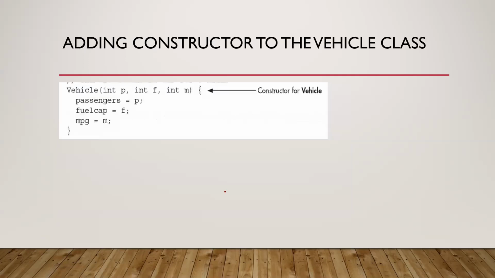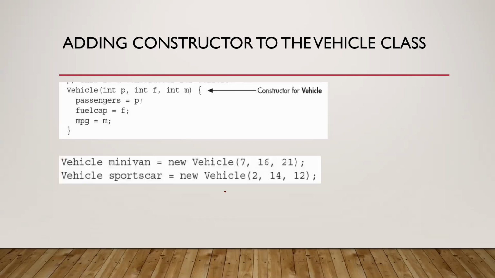This is an example of a constructor for the vehicle class. We have three variables: integer p, integer f, and integer m. P was the number of passengers, f was fuel capacity, and m was miles per gallon. Whatever the user wants to start with for his specific car, he can initialize his vehicle like that.